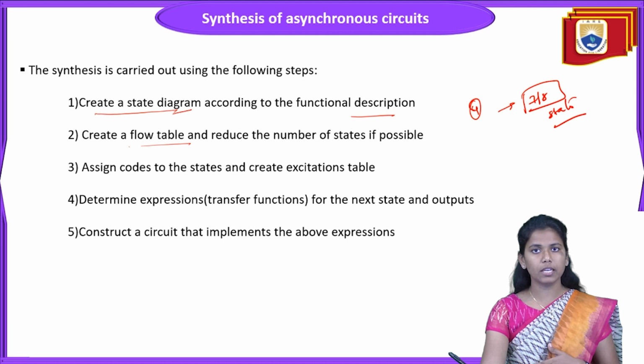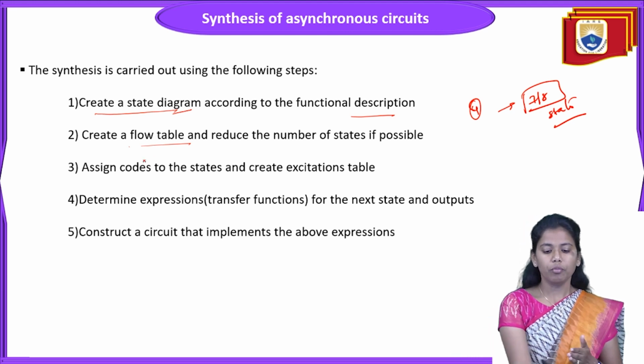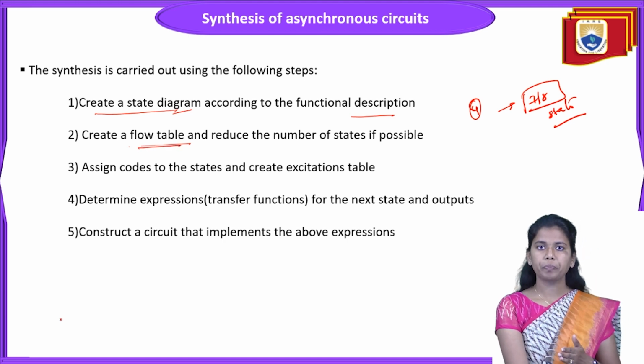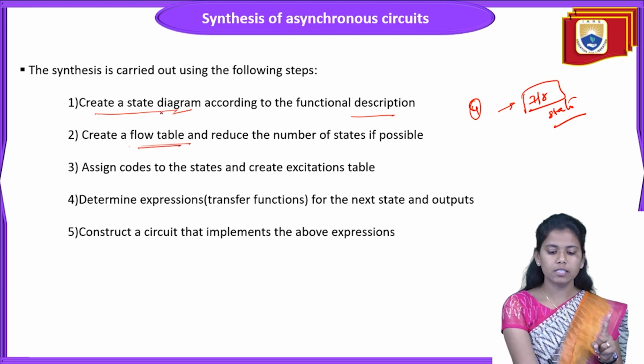Okay, we can reduce the states. Similarly, in the synthesis of asynchronous sequential circuits as well, we can create a flow table. So the first thing is to create a state diagram.